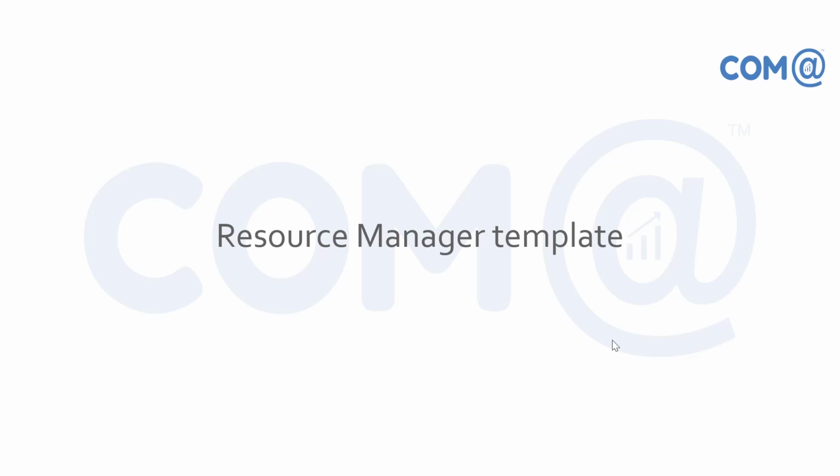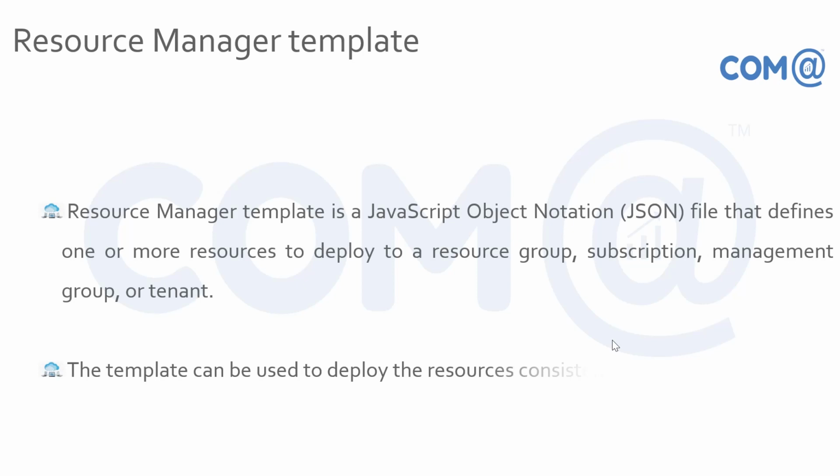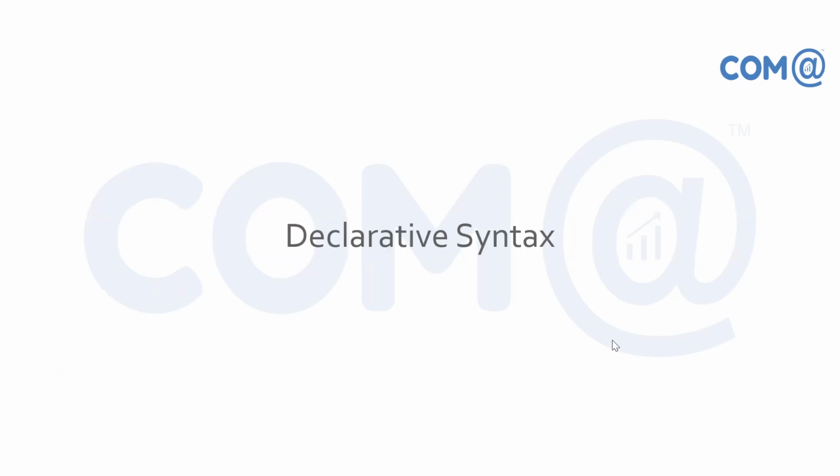And coming to the resource manager template, it is a JavaScript Object Notation file, called a JSON file, that defines one or more resources to deploy to resource groups, subscriptions, management groups, or tenants. The template can be used to deploy the resources consistently and repeatedly.